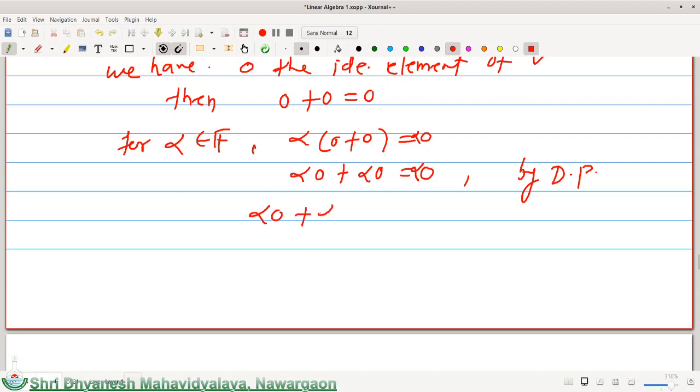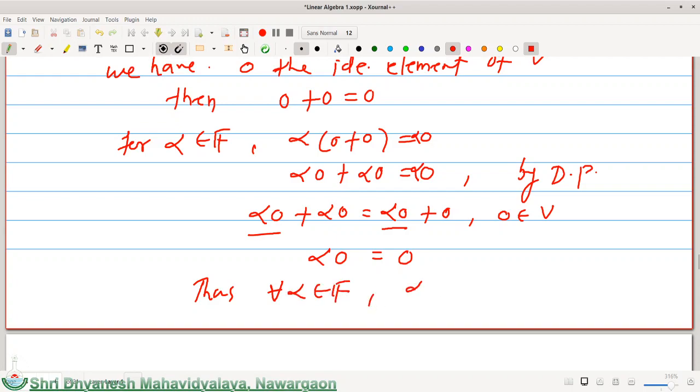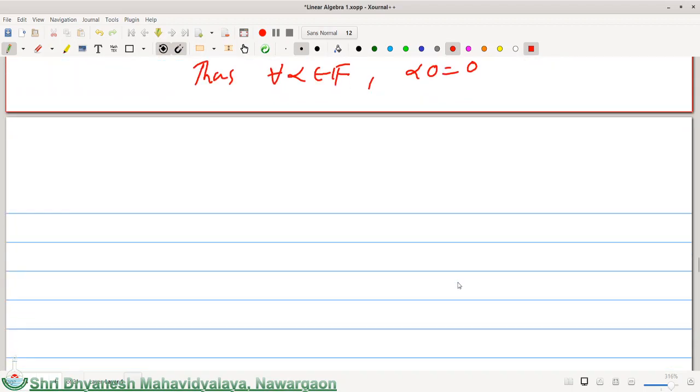So alpha into 0 is equal to alpha into 0 plus 0, where 0 belongs to V. Okay, so by right cancellation law, this alpha into 0 and this alpha into 0 get cancelled, and we get alpha into 0 is equal to 0. Thus for all alpha belonging to F, we have alpha into 0 is equal to 0. Simple. So let's prove the next.